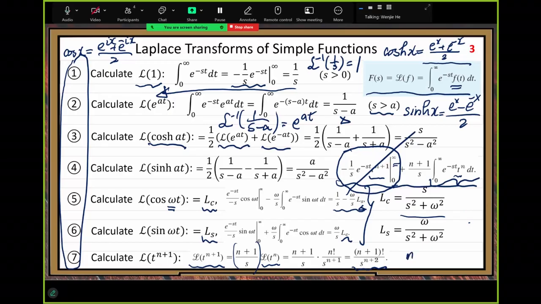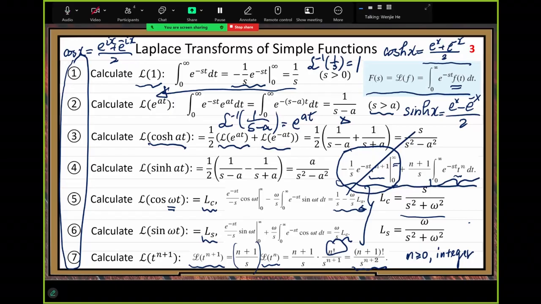So here we need n greater or equal to 0 and it should be an integer. Otherwise, think about if n is not an integer, how do you define factorial? Only when n is a non-negative integer. What's the factorial of a negative integer? You don't have it.